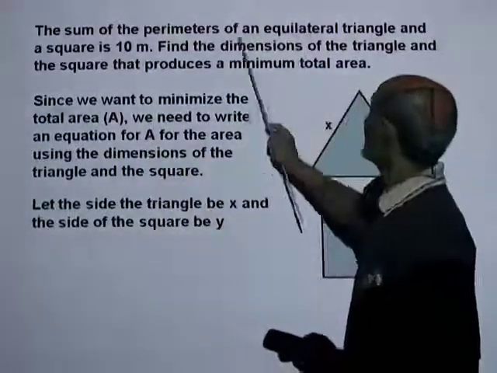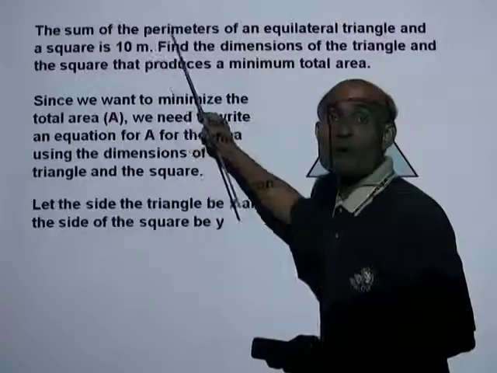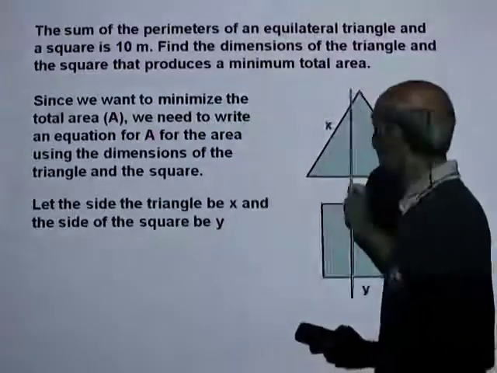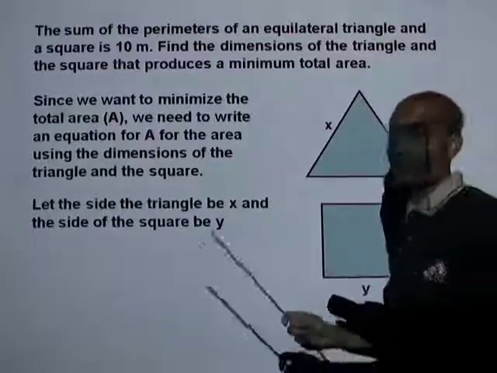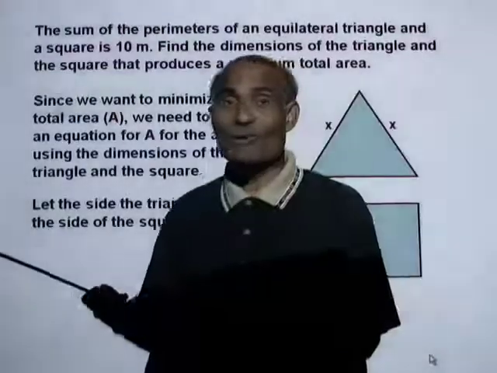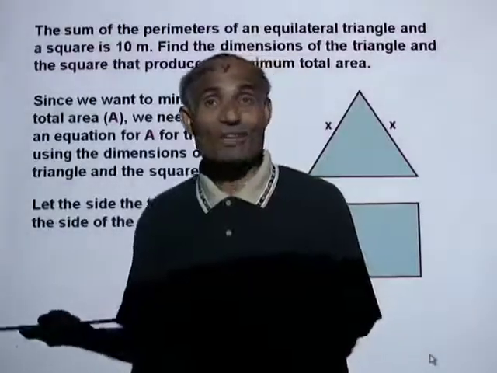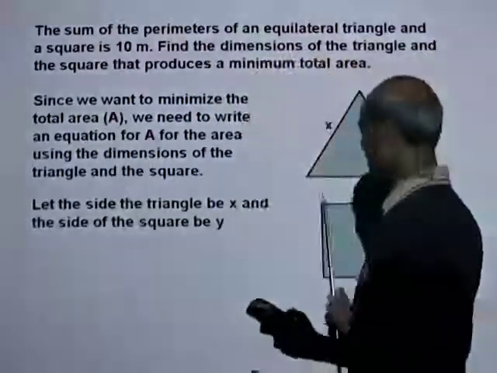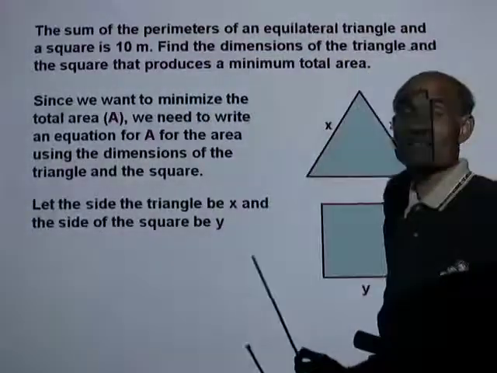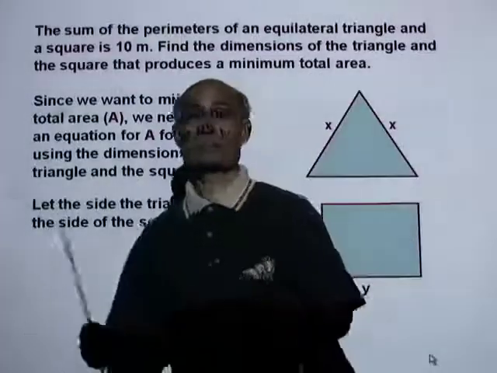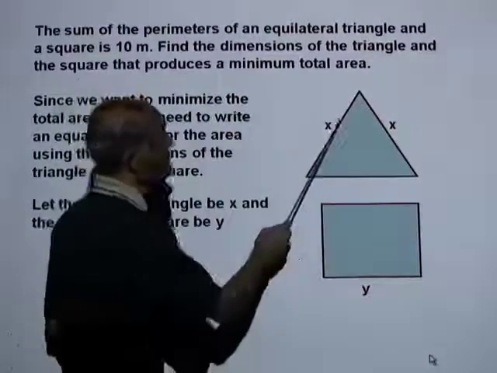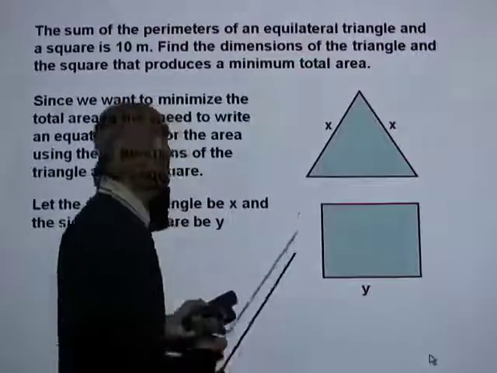It says the sum of the perimeters of the equilateral triangle and the square. Remember, an equilateral triangle means all sides are of equal length. And the square also, all sides are of equal length. So, what is the relation between the variables x and y?